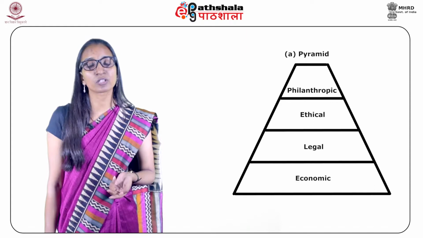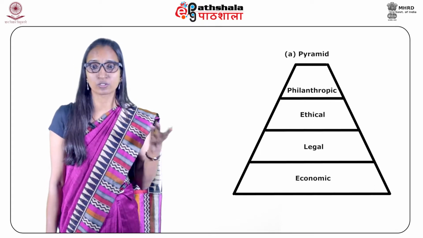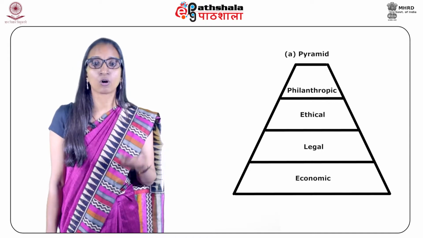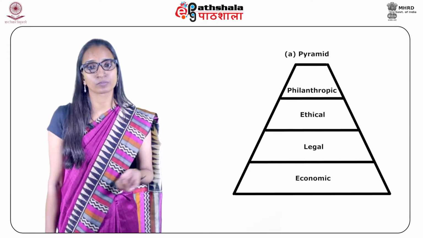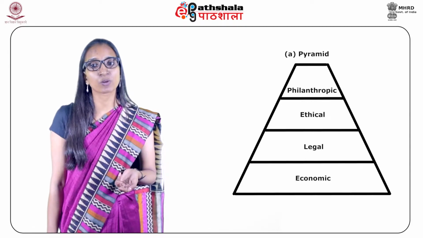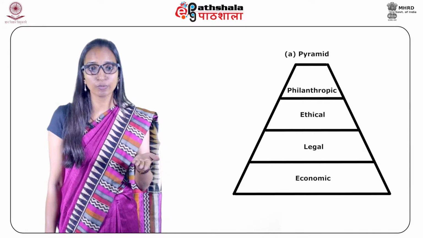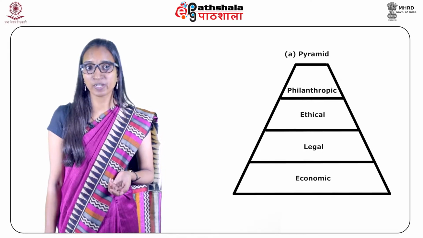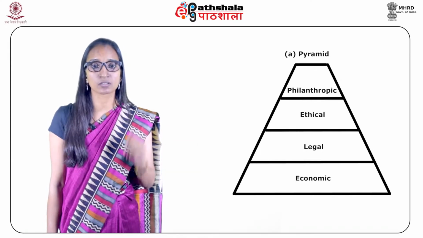The ethical responsibility is to do what's right even when not required by the letter or script of law. The philanthropic responsibility is to contribute to society's projects even when they are independent of a particular business.